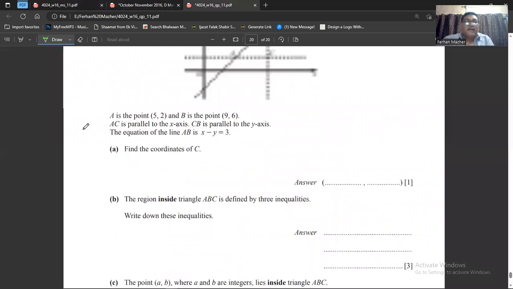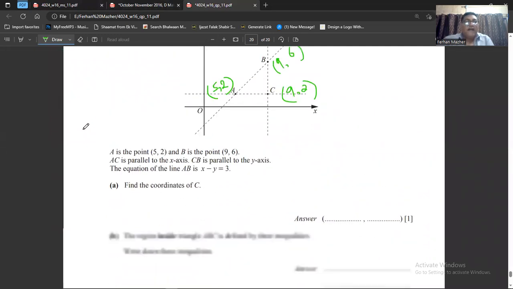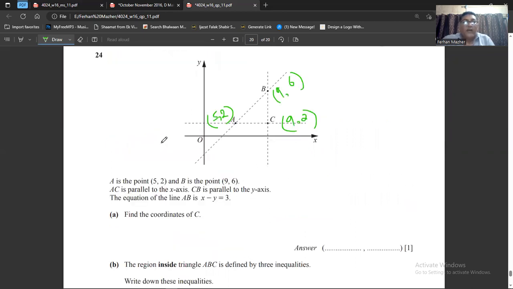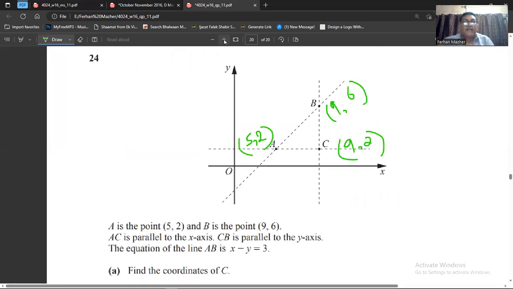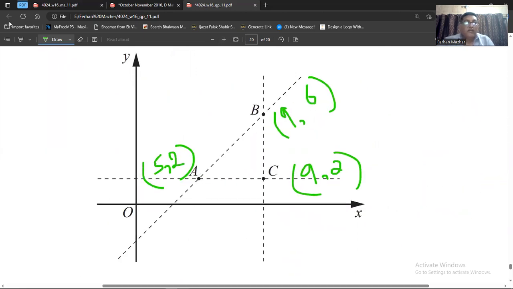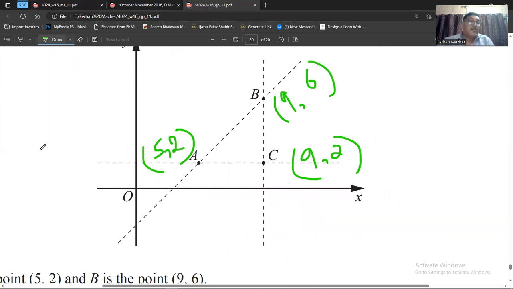he says, the region inside the triangle ABC is defined by three inequalities. Write down these inequalities. Okay, so I know this equation, the AB equation, and I can write it here. Let me write here, we change the color.